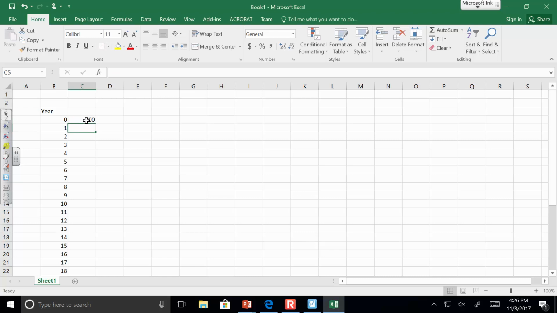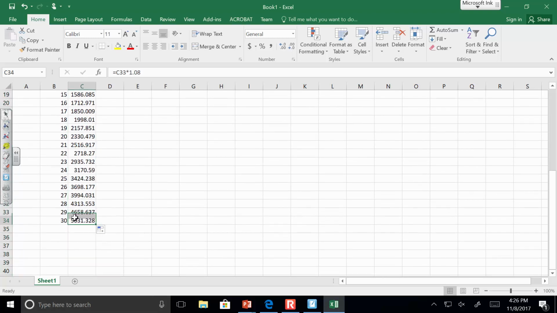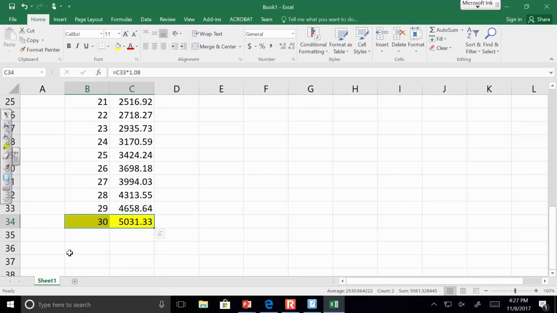After the first year, we have $500 plus 8% interest, so I multiply by 1.08. 8% interest is $40, so after the first year we have $540. Then I get another 8% interest on the 540, and then another 8% on that, and another on that. After 30 years, that $500 matures into $5,031.33 or 35. There's rounding.